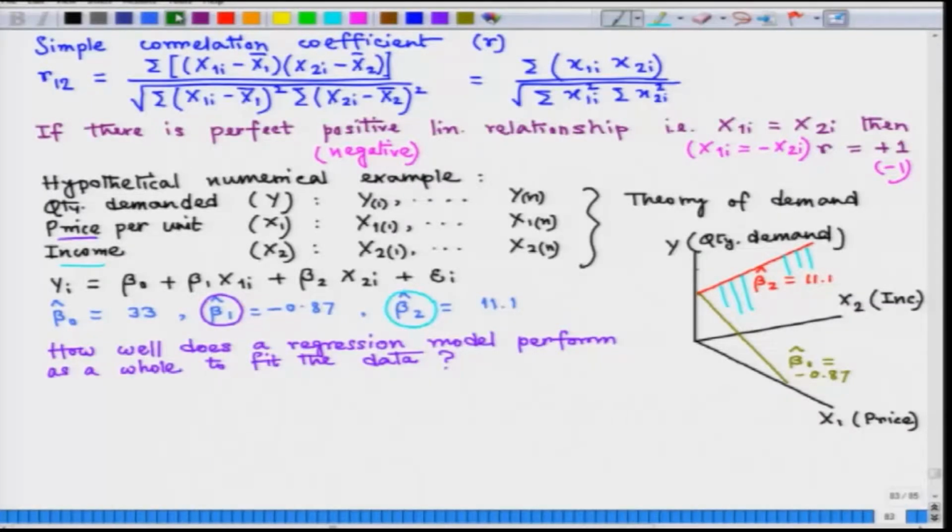Okay. So, now we have to look at some measures or concepts that we have already introduced, and that is basically the notion of total sum of squares, explained sum of squares and residual sum of squares.